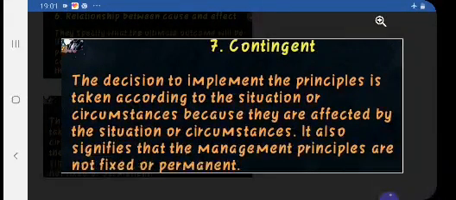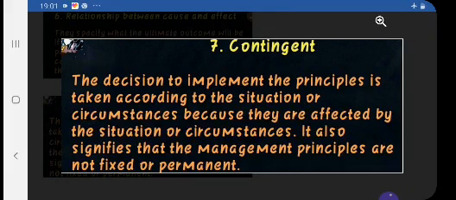Now the next nature of principle of management is contingent. Means the decision to implement the principle is taken according to the situation or circumstances, because they are affected by the situation or circumstances. So we say that it also signifies that management principles are not fixed or permanent.